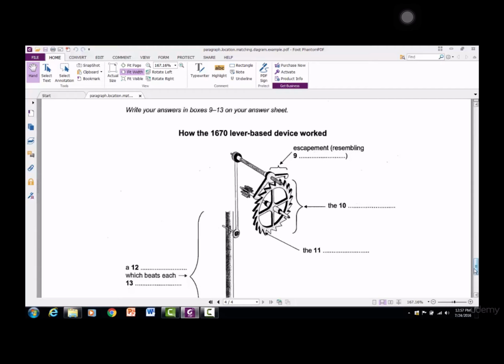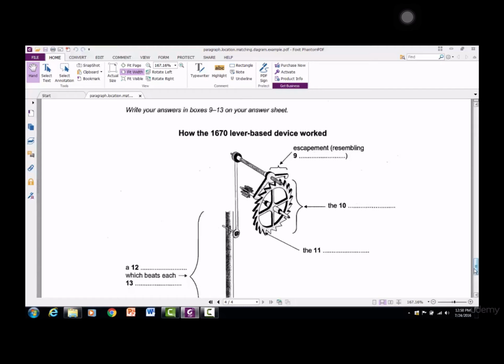Now for this diagram, they give us a big clue that's going to help us find the right paragraph or paragraphs to have this information. I'll give you 3 seconds to look at it and see if you can know what that clue is.